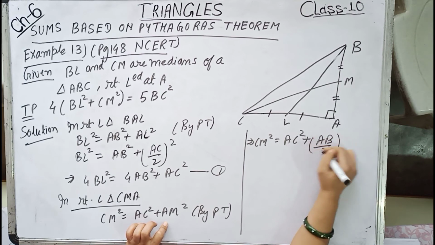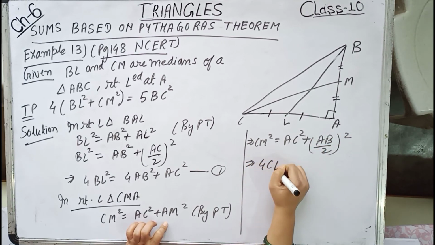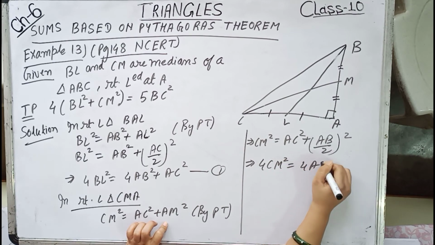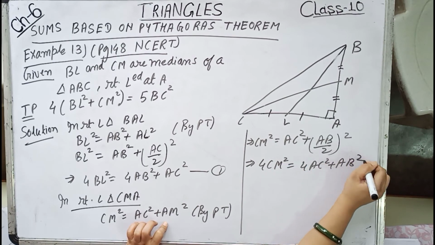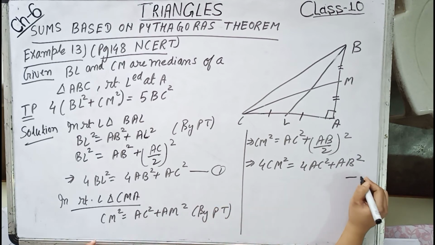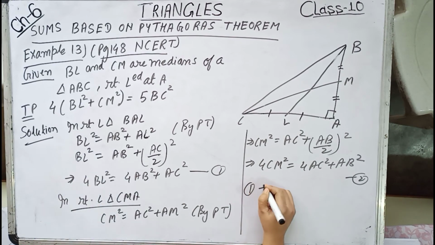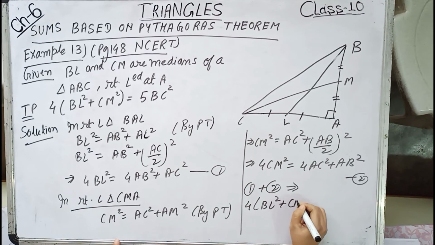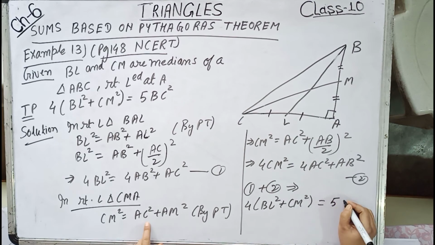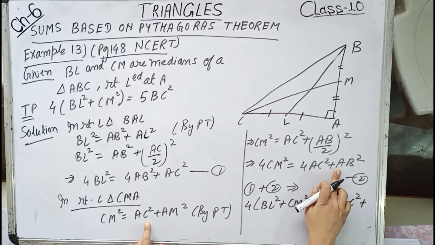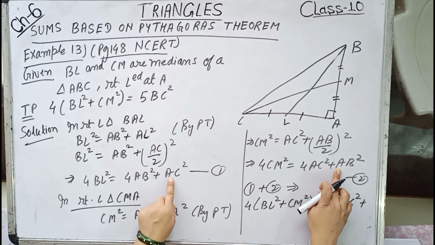This implies 4 times CM square equals 4 times AC square plus AB square. Now from equation number 1 and 2 we have 4 times BL square and 4 times CM square, so let us add them. So 1 plus 2 implies 4 times BL square plus CM square equals 4 AC square and 1 AC square, that is 5 AC square, plus AB square plus AC square.